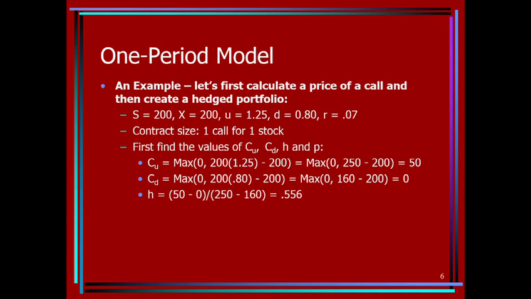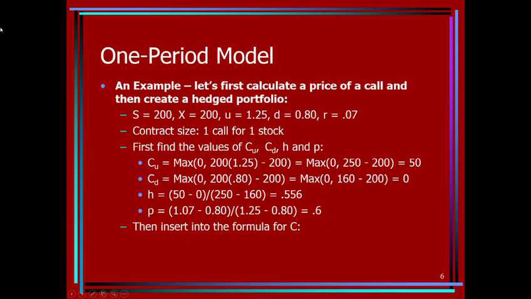So how do you calculate H? Well, it's simply CU minus CD divided by SU minus SD. So it gives you 0.556, and you have to make it into a whole number because you can't buy half a share. P is 1 plus R minus D, divided by U minus D, which gives you 0.6.